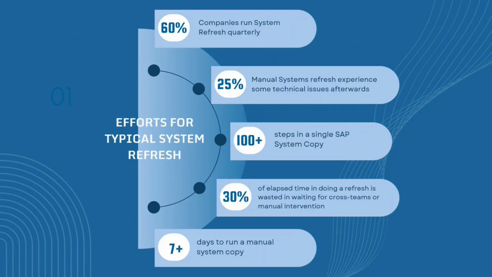So let's take a look at what we see with our customer base and in the general SAP ecosystem. Companies run quarterly, right? So I think we have folks on the call here indicate about 80-something percent. Every quarter they're doing it, and then a quarter of them actually encounter technical issues when they do it manually afterwards.